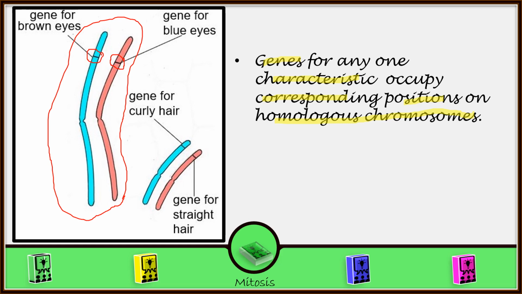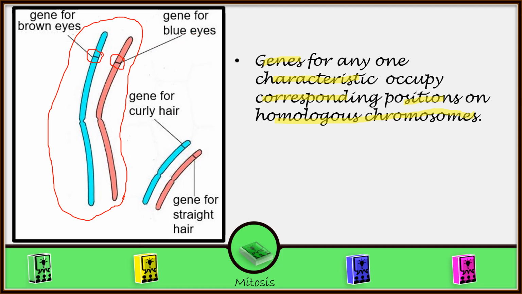Those genes at those particular points control the same characteristic. For example, this one controls the eye color, and this one is also a gene which controls the eye color.